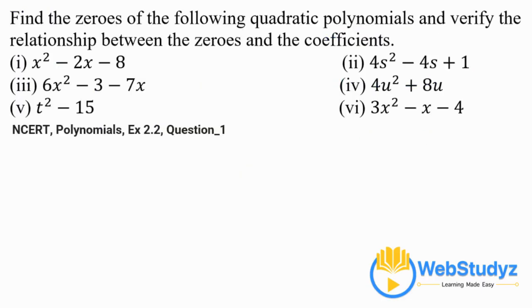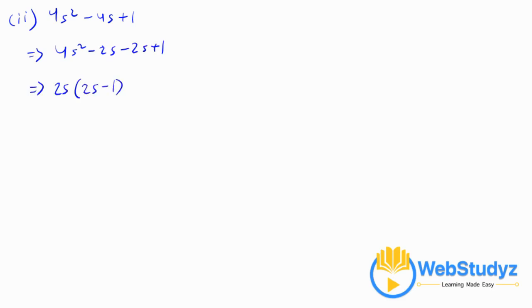Now move on to the second one, that is 4s square minus 4s plus 1. We can write this as 4s square minus 2s minus 2s plus 1. We can take 2s common, inside we get 2s minus 1.